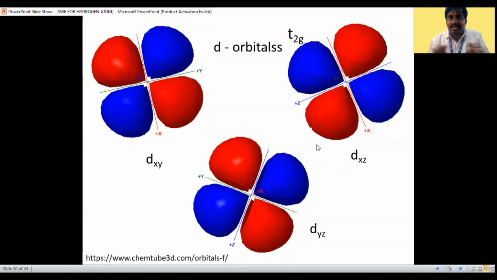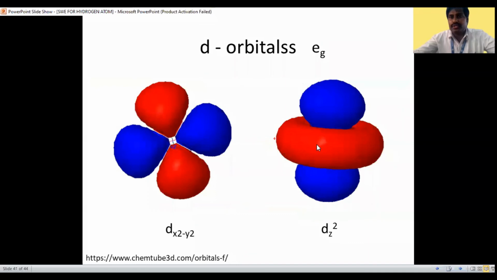D orbital has 5 orbitals in total. Within these 5 orbitals, these 3 orbitals are triply degenerate, with equal energy, and these are doubly degenerate. That is, these orbitals are different. For these orbitals, electron density is along the axis, that means through the x-axis and through the y-axis. This dx square minus y square has electron density along the axis.